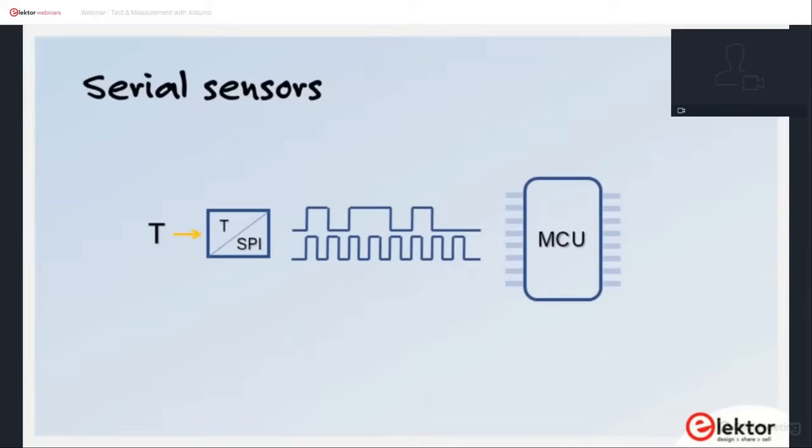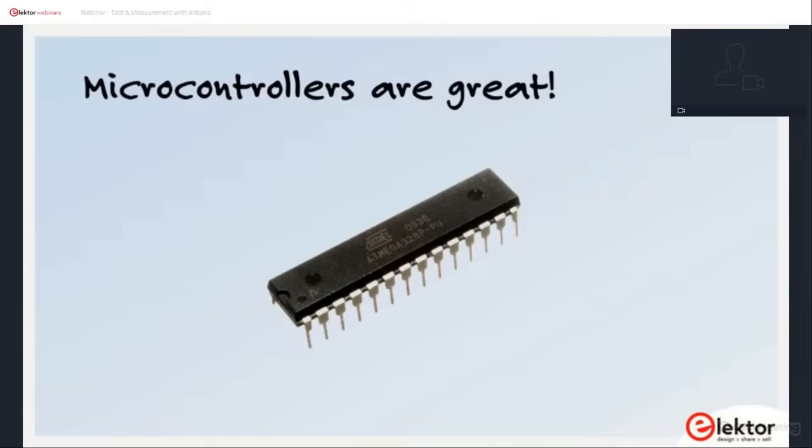They output numerical values directly, usually on some serial communication bus like I2C or SPI. Microcontrollers excel at serial communications, and so they can communicate directly with digital sensors. So as you will have understood by now, microcontrollers are perfect devices to do measurements with, as they can measure almost anything, and this explains why they are found in almost every measurement instrument.